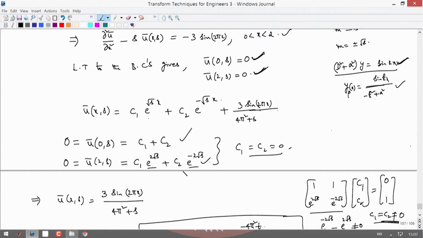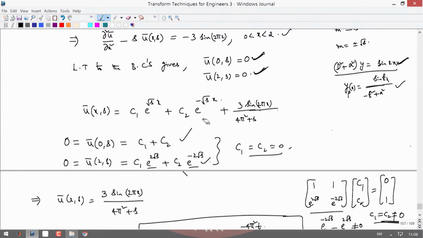This Bromwich contour may fail to evaluate this, although the inversion integral as such may exist. So you may not be able to simplify that Laplace inversion with the usual techniques of contour integration. But if c2 is non-zero and you have the exponential of minus square root s times x, x positive, the inverse Laplace transform exists, and that is what we will show you: how to evaluate this Laplace inversion.